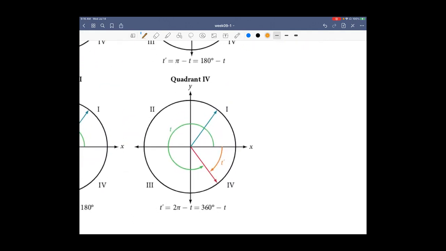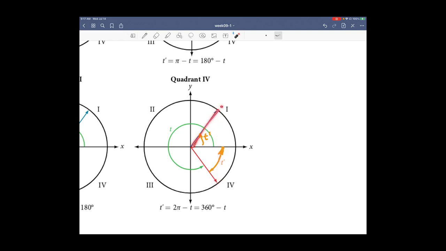If we are in quadrant 4, the reference angle is here, and it's also here. We just did this analysis. This triangle is equal to this triangle. And therefore, this distance is equal to this distance. So the y-coordinates of the 2 points differ by a negative sign.